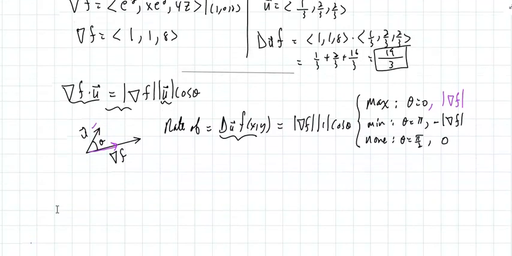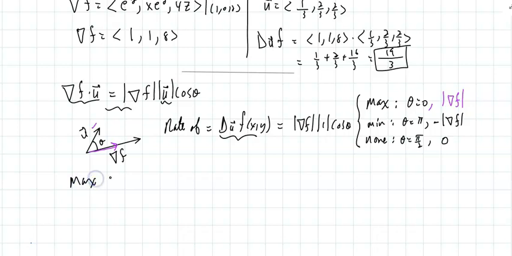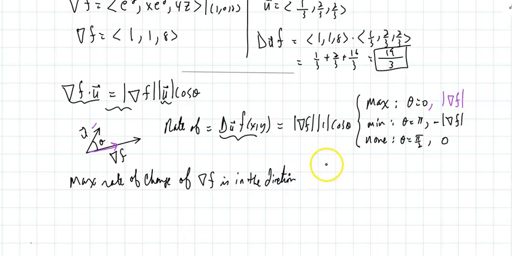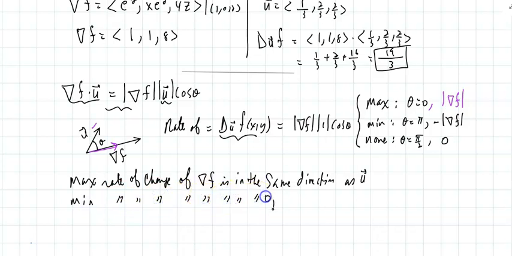So the maximum, if I really want to sum this up, the maximum rate of change of f is in the same direction as the gradient, and the minimum or the smallest rate of change is in the opposite direction.